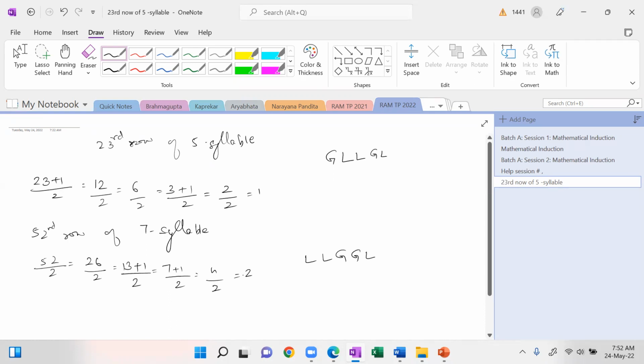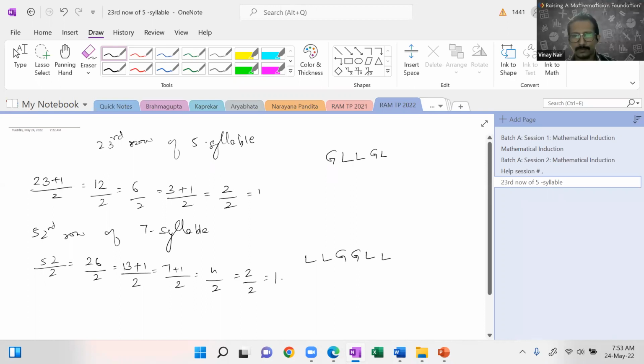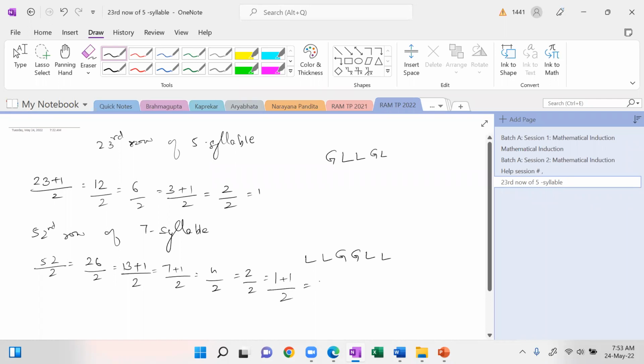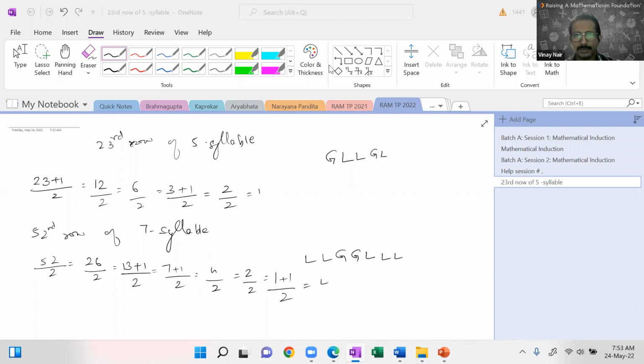Divide 2 by 2 again, you get 1, write L. Then add 1 to 1 and divide by 2, and you write L. The last one is G. Oh, sorry, yeah, G.